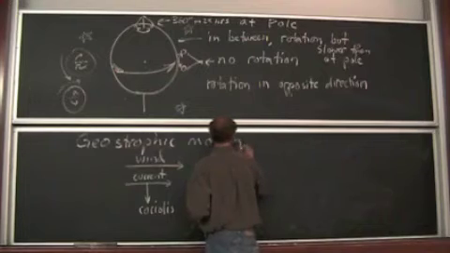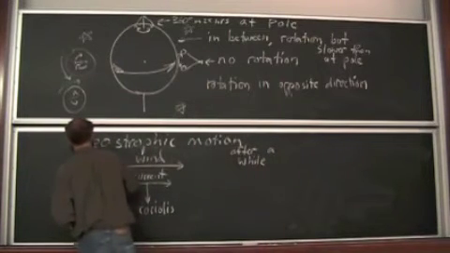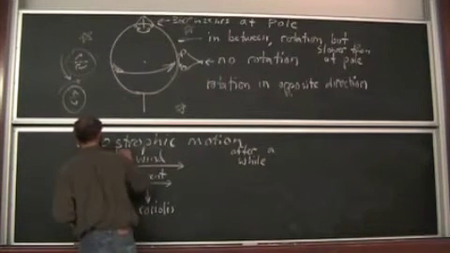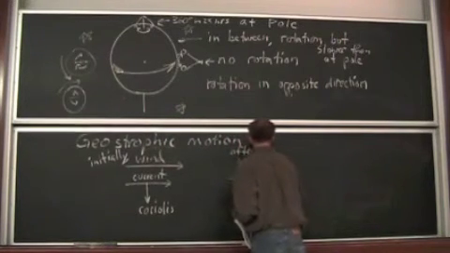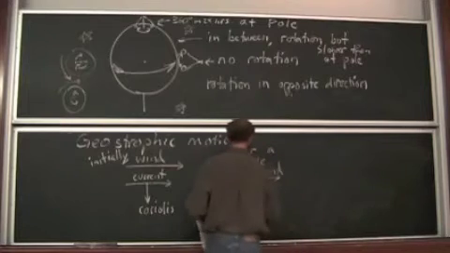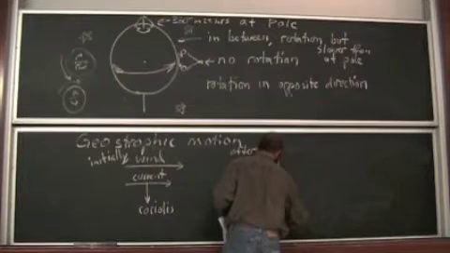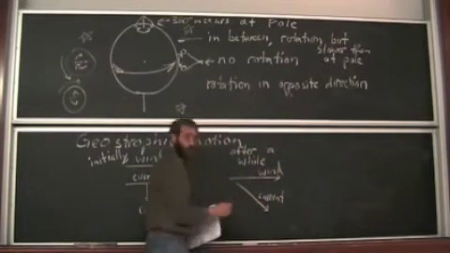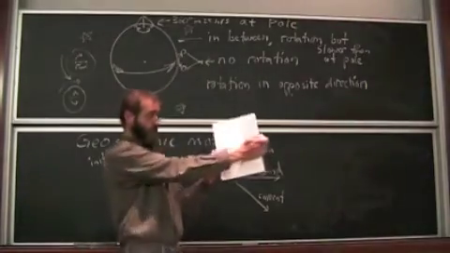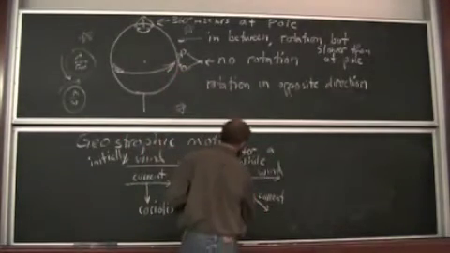So this is initially. And then after a while, I'm going to say the wind is still going the same direction. The current has spun around to the right a little bit because of the Coriolis. And as it spins to the right, the Coriolis always stays at 90 degrees to the right of where it spins.